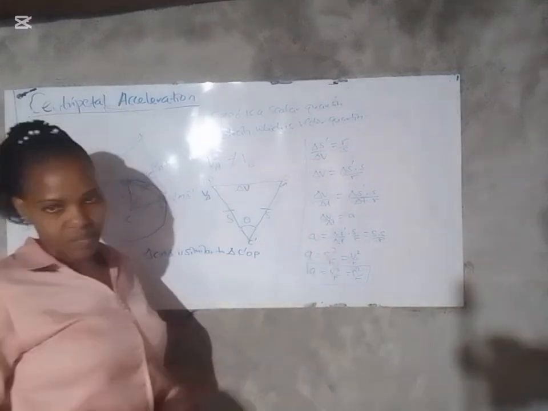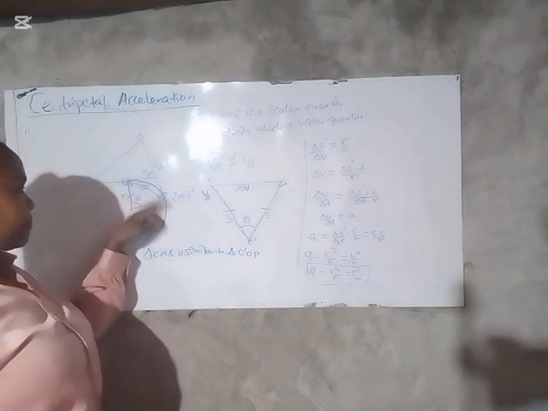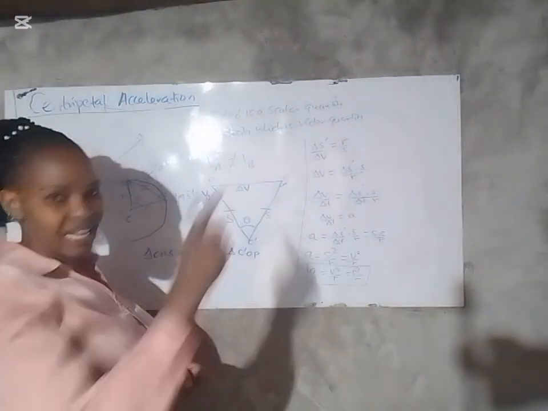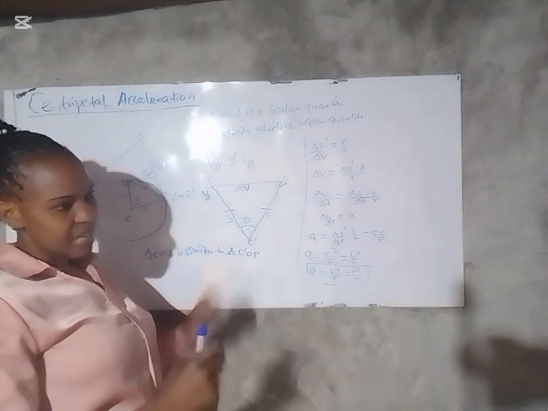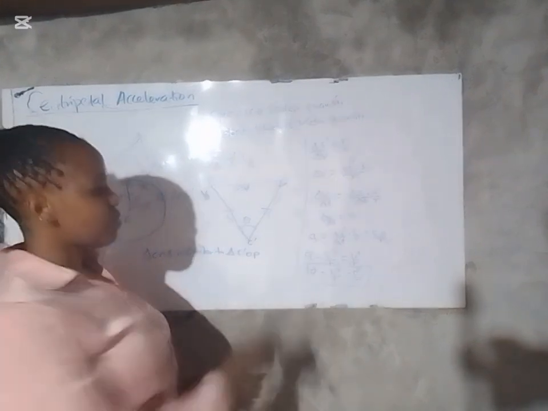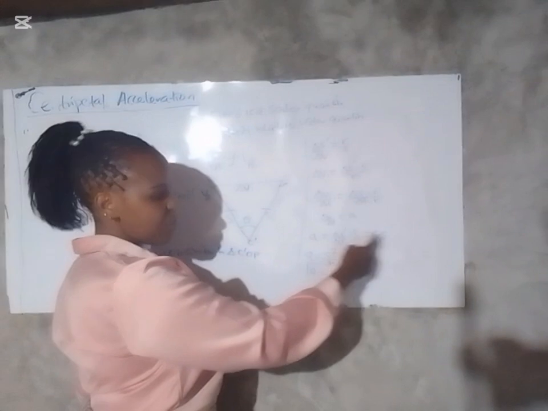But what is delta S prime over delta T? We said S prime is the arc length, a length, and a length divided by time gives us speed. So delta S prime over delta T is the speed S. Now we have two speeds, this one and that one.